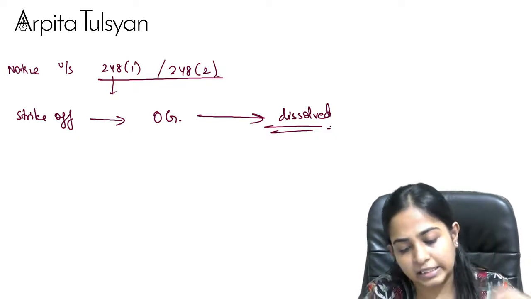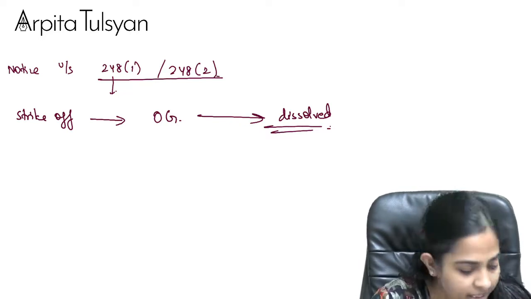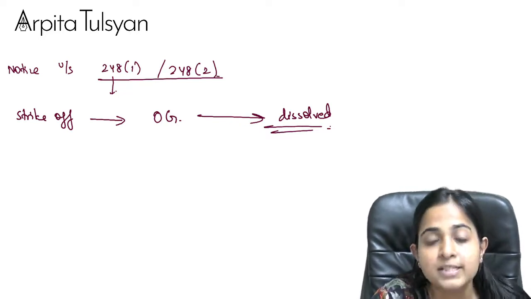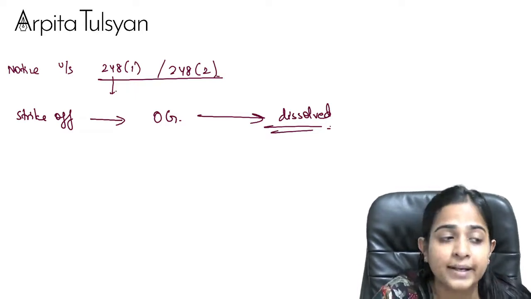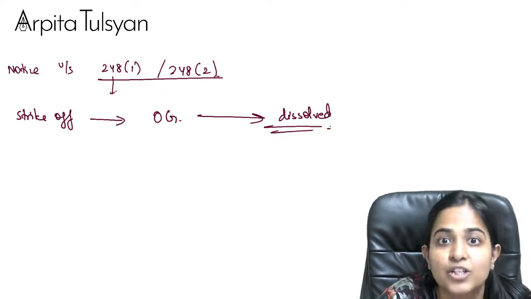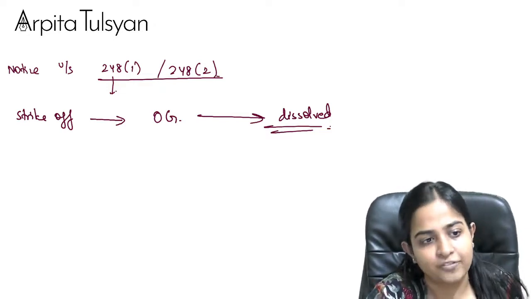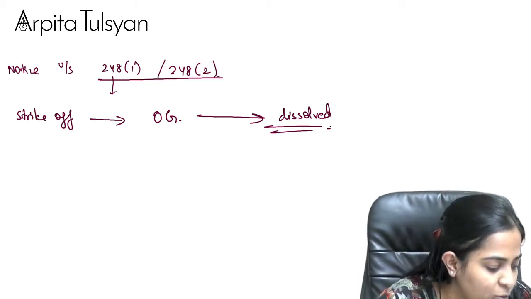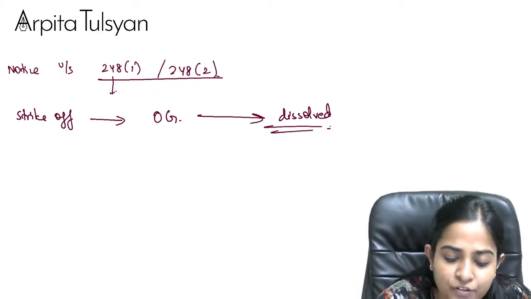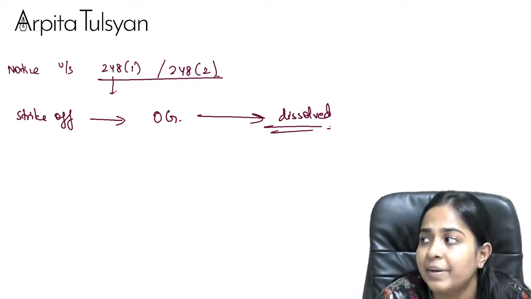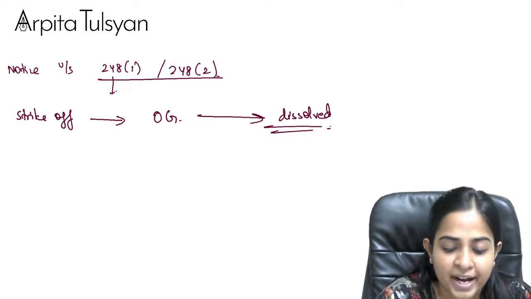Another thing the ROC will take into account is that the company's liabilities have been exhausted. It should not happen that ultimately the creditors of the company will suffer. So to ensure the creditors do not suffer, the ROC will first make sure that all the liabilities of the company have been paid, or at least that the company has sufficient arrangements to pay off its liabilities.